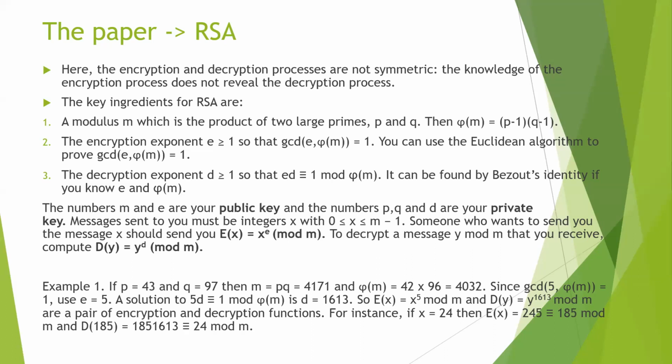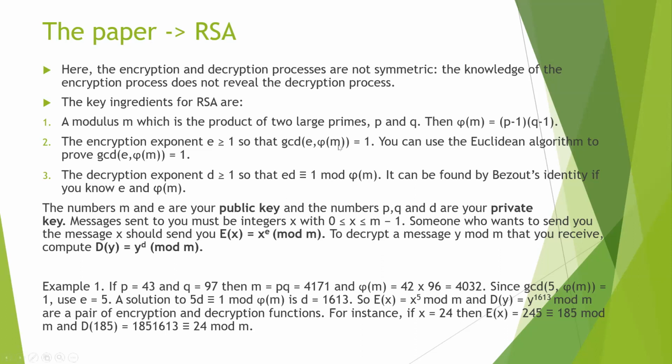That's good. The encryption exponent e is greater than or equal to 1, so that GCD of e and phi m is 1. GCD of e and phi m has to be 1, because otherwise different messages, when decrypted, will give the same output.